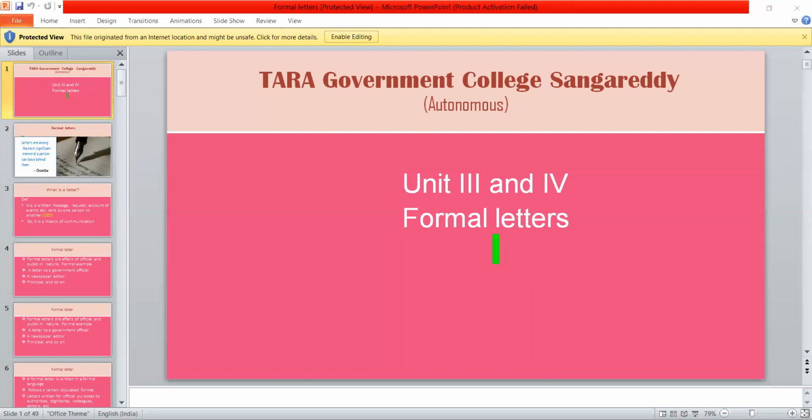Okay, then this part is body of the letter. Body of the letter, this part. You are writing, as I mentioned, I am so and so, a student of this college during the years 2020 to 2023 with the group, some group, BCom, and I have appeared for third year examinations and also passed with distinction.